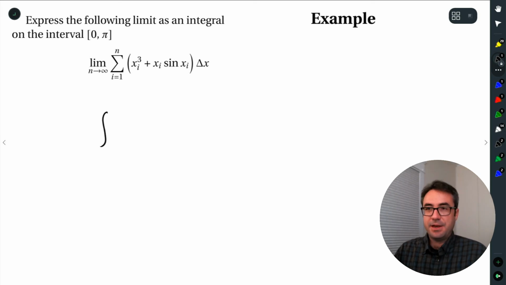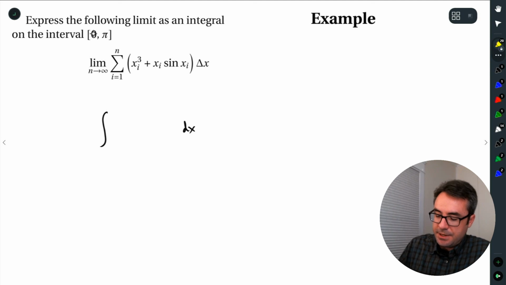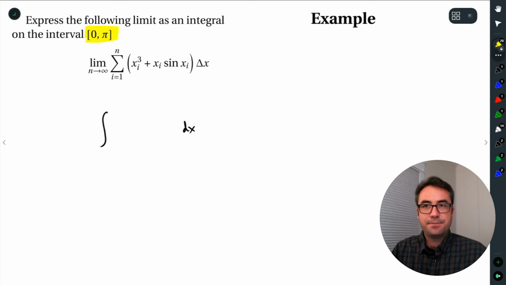So we know with definite integrals, there's our integral sign, there's our differential, and then we need to put a function in the middle, and then we need to figure out our upper and lower limits of integration. The interval is where we get the limits for our integral sign.